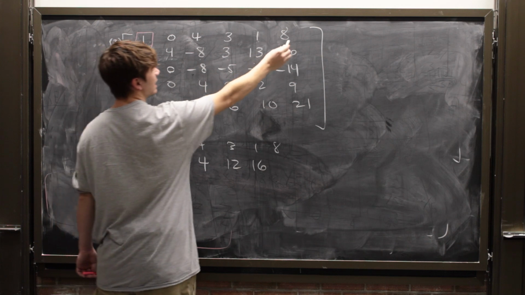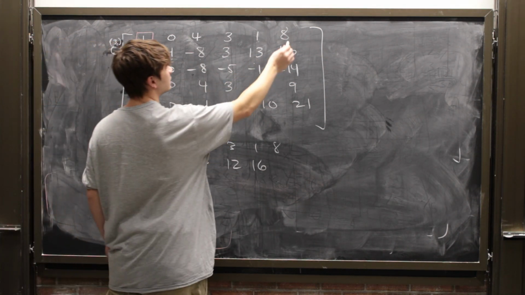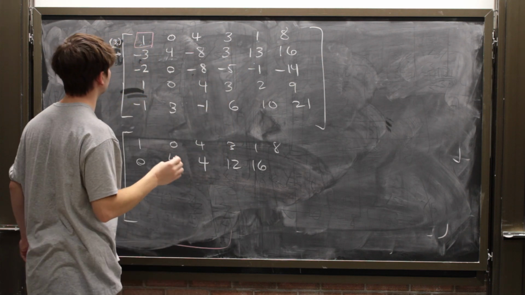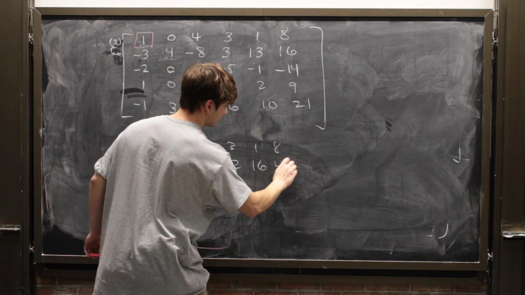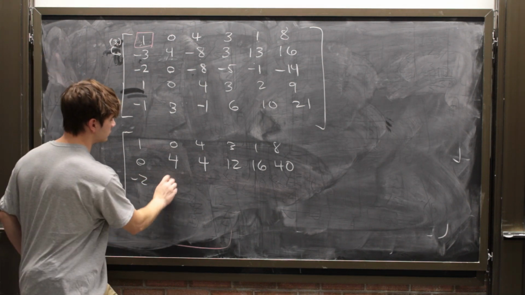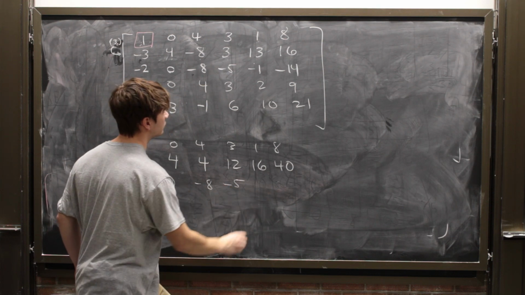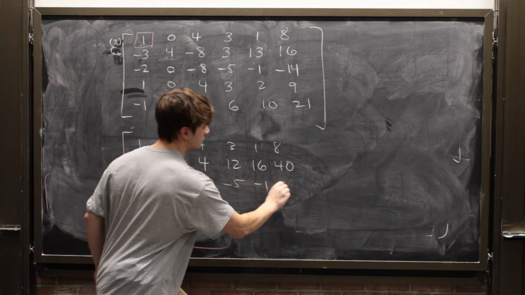And then 3 times 8 is 24, added into the 16 is 40. Then negative 2, 0, negative 8, negative 5, negative 1, negative 14.